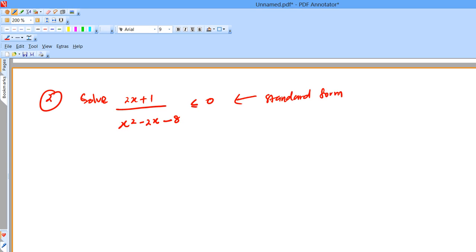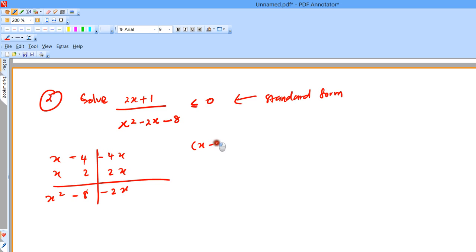To find the critical values, you just need to set the numerator and denominator equal to 0. The denominator is a quadratic, x square minus 2x minus 8, so we can factorize it. We get (x minus 4) times (x plus 2).